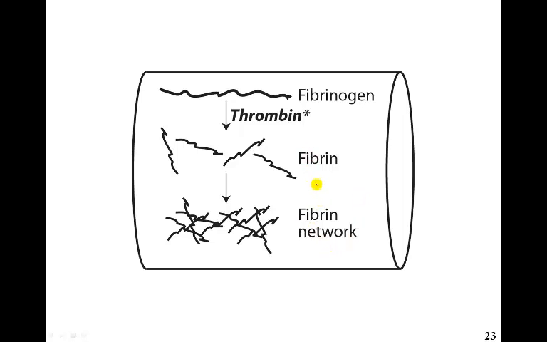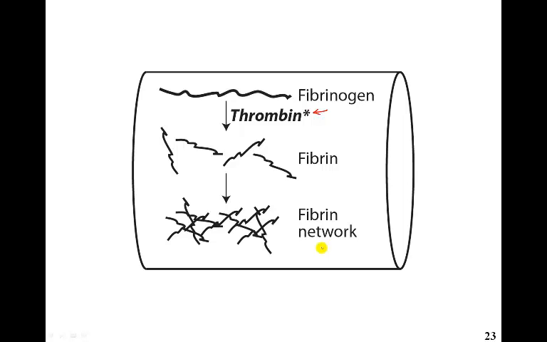Now, thrombin can only do this when it's in the active state. So this little star by the thrombin is meant to indicate that this is activated thrombin. So activated thrombin breaks fibrinogen down into fibrin, and fibrin then forms the fibrin network, which is the core of the clot.